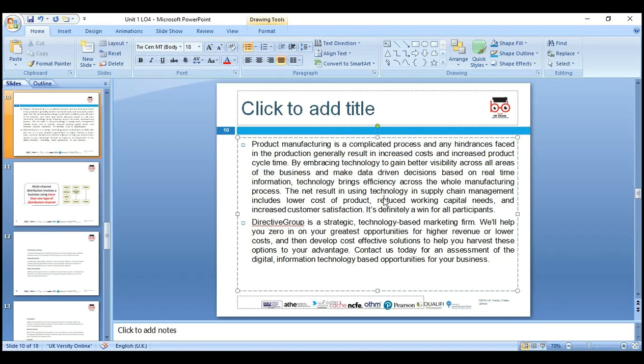So we can make more data-driven decisions. We bring more efficiencies. The net result of technology in supply chain management includes lower cost of product, reduced working capital needs, and increased customer satisfaction. So we can monitor customer satisfaction as well.